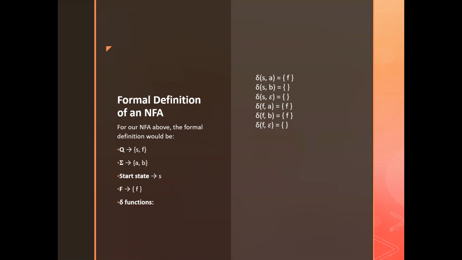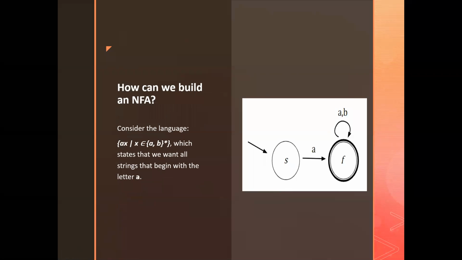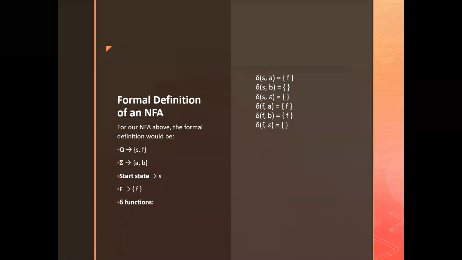Here you can see the formal definition of the same problem. S and F are the two states in Q. Your input alphabet consists of A and B. The start state is S, the final state is F, and the transition functions you can see here.